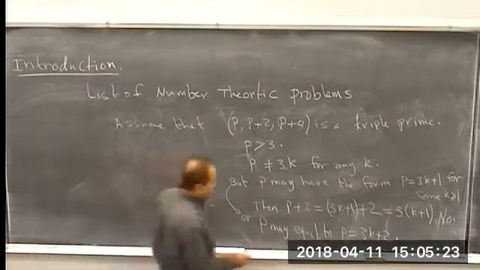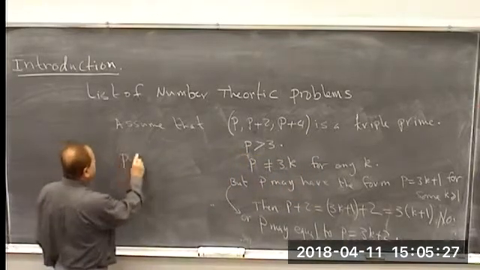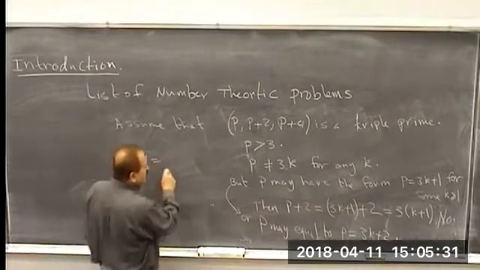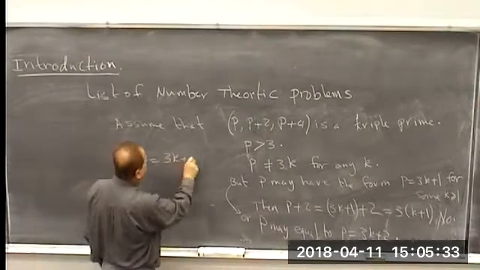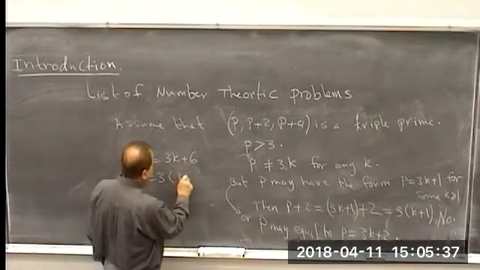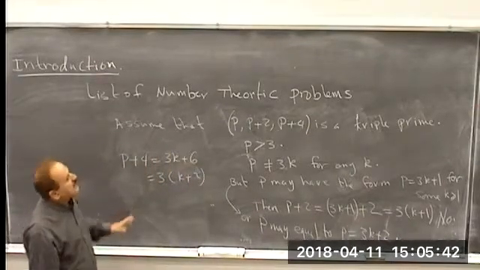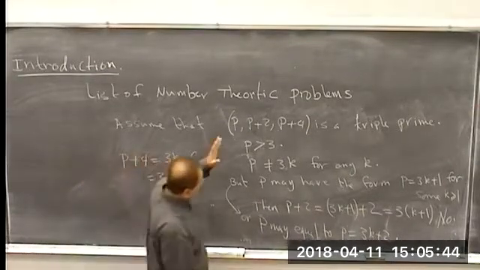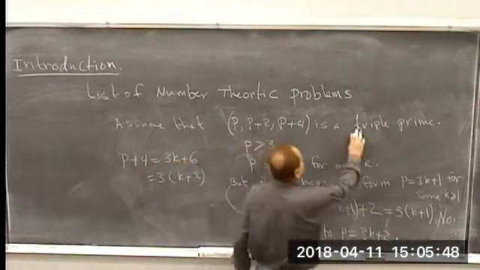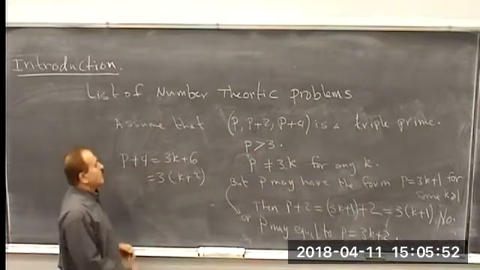So if the prime has this form, then P plus 4, the next one, is going to be 3K plus 6, and again this is a multiple of 3. It can't be prime. So the only prime triple is 3, 5, 7, because any other will not work.